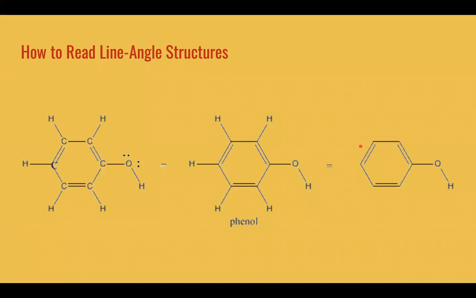Whenever you see an endpoint or a vertex, you know that if there are not 4 bonds, those remaining bonds will be replaced by hydrogen. And the only hydrogens that are represented are the ones attached to non-carbon atoms. So as you can see, this oxygen has a hydrogen bonded to it and is represented, so that any non-carbon hydrogens will be represented.